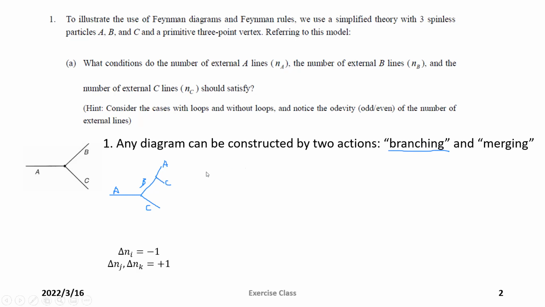So in general, when we do a branching action, the number of 1 kind of line will decrease by 1, while for the other 2 types of external lines, the number will increase by 1. So for example, if I draw 1 more branch here, then the number of C will decrease by 1, but meanwhile we have 1 more A and 1 more B.